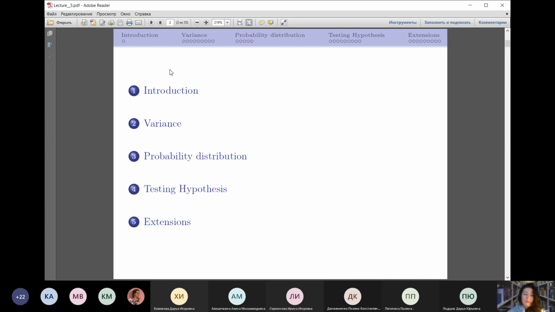We talk about the probability distribution of our estimates, about our coefficients, testing hypotheses, and after this, we talk about some extensions. We talk about the transformation of our variables and how to work with the dummy variable if we want, for example, to include in our regression analysis not only continuous variables, but also work with the categorical variable.